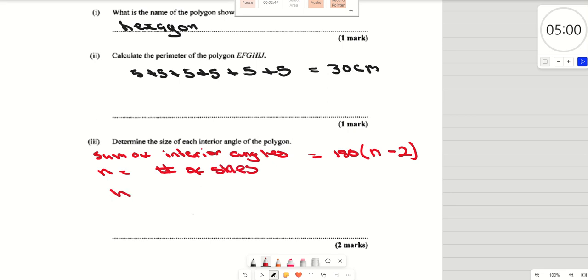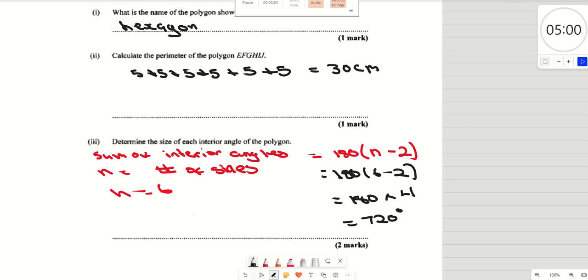Basically, we know this is a hexagon, so n is equal to 6. So the answer for this is going to be 180 by 6 minus 2. That's 180 multiplied by 4, which is equal to 720 degrees.